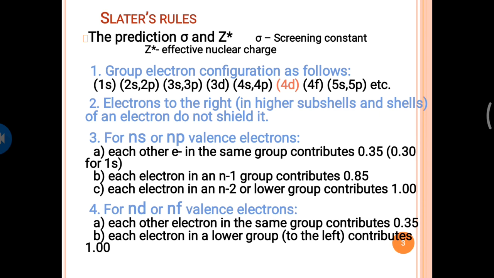The Slater rule has four rules. First rule: write down the electronic configuration of the given atom, and then distribute the electrons into groups like this: 1s is the first group, with principal quantum number 1; then the second group 2s 2p; third group 3s 3p; then the fourth 3d; then the 4s 4p group; then the 4d group.